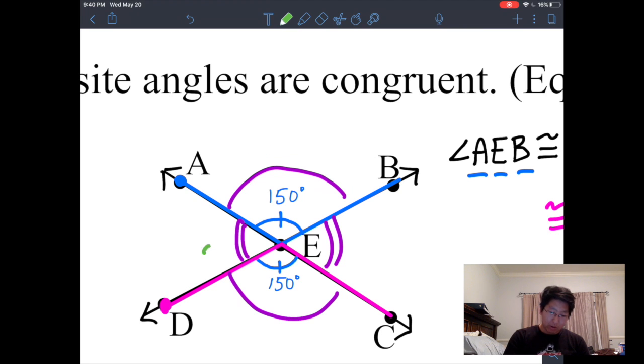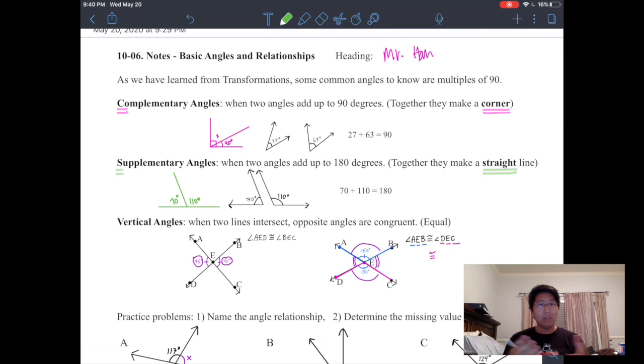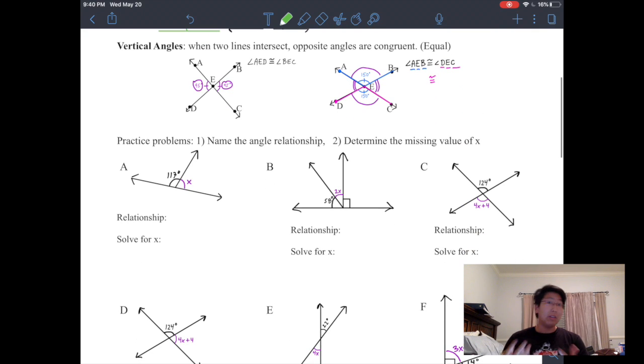That gives us 30 right here, 30 right here. That's the kind of stuff we're going to be working with. If we know these three relationships, we're going to be able to work with these angles, and it's like a puzzle. We're going to find out what the missing angle is.